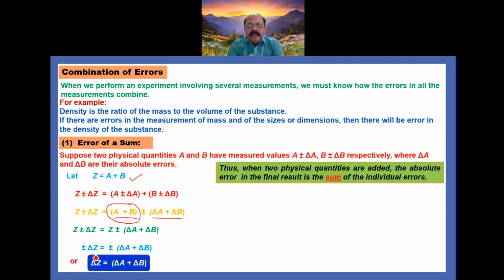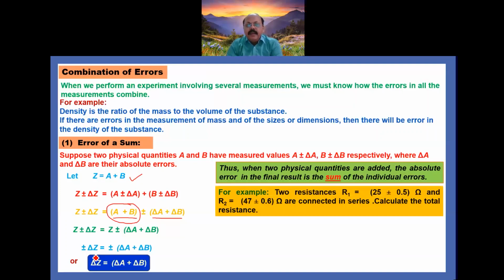Thus, we can say that when two physical quantities are added, the absolute error in the final result is the sum of the individual errors. We take an example.